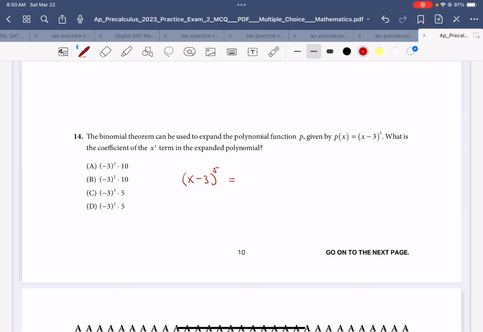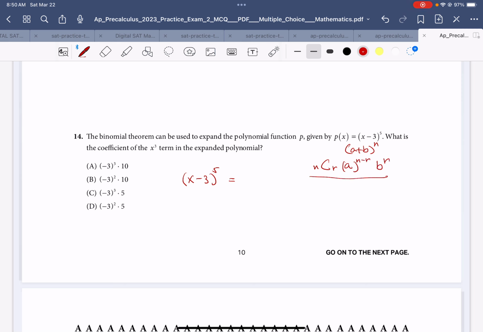Binomial theorem is how you're going to expand this. If the form is (a plus b) to the n power, then the specific term is nCr, times a to the power of n minus r, times b to the r.